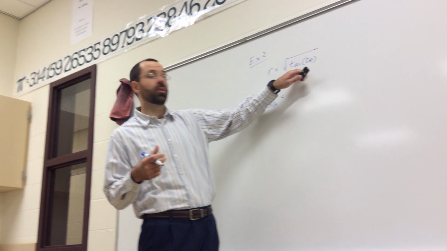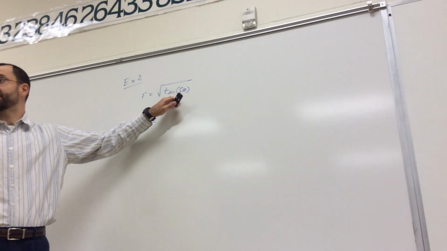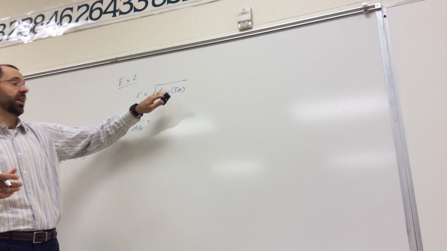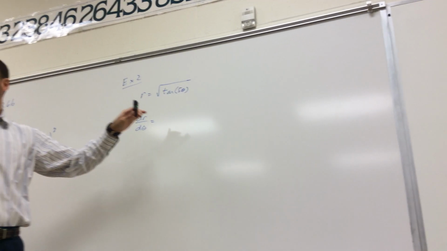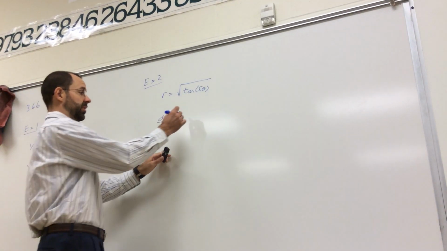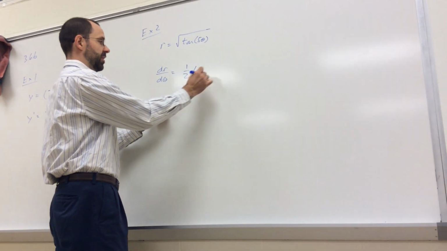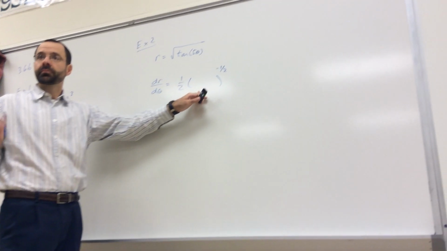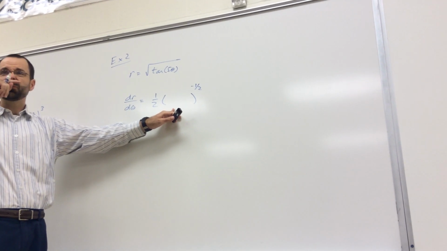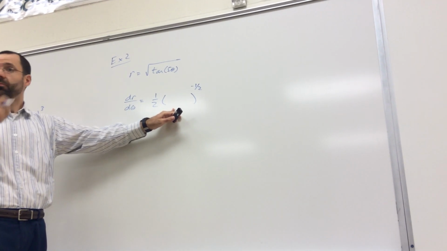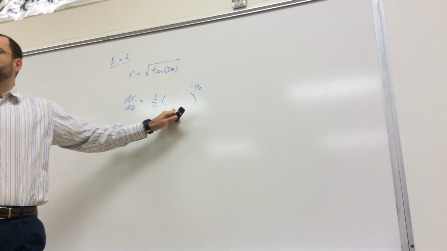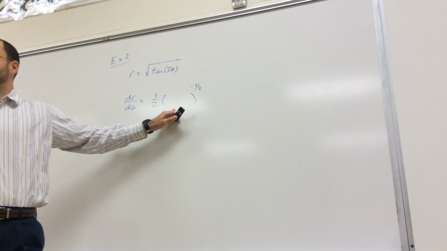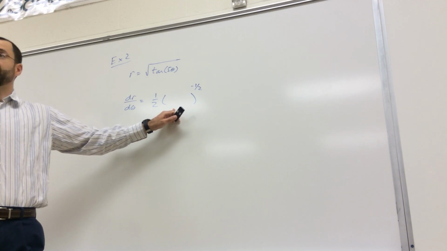So here, the square root is happening last, so that's dominant. Okay, so the outside function is the 1/2 power. So you take the derivative of that, and it's 1/2 blank to the negative 1/2. If we're treating square root as the outside function, then that means that tangent of 5 theta is the inside function.